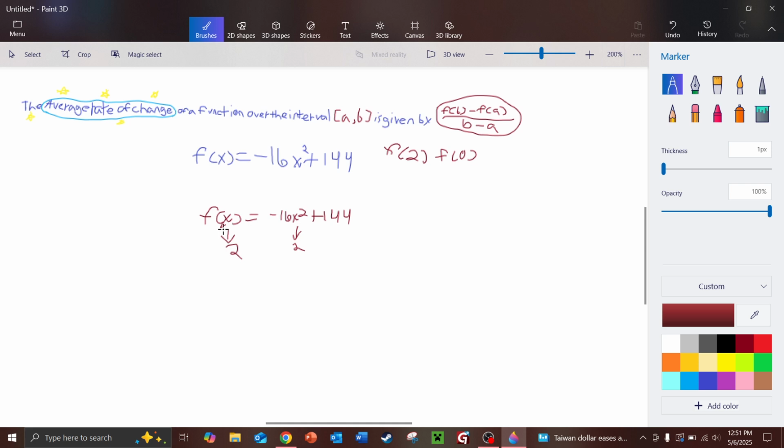So with that in mind, f(2) equals negative 16 times 2 to the power of 2 plus 144. So if we put those together, we get 80.